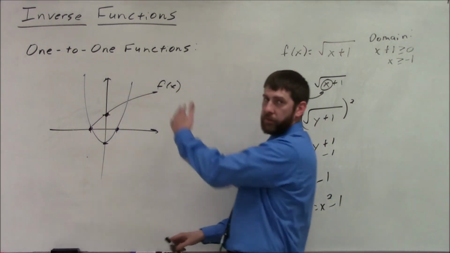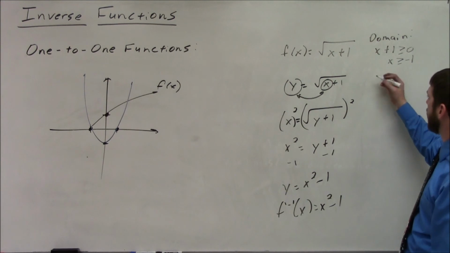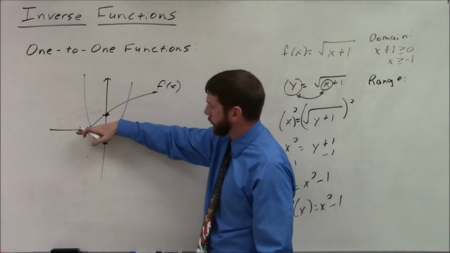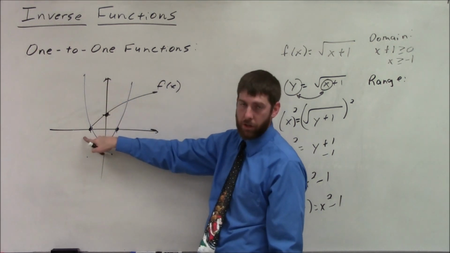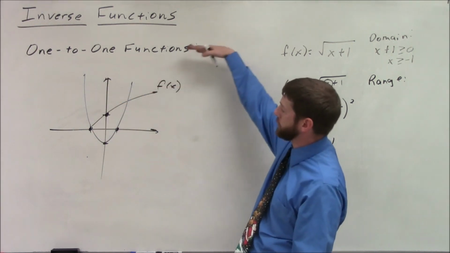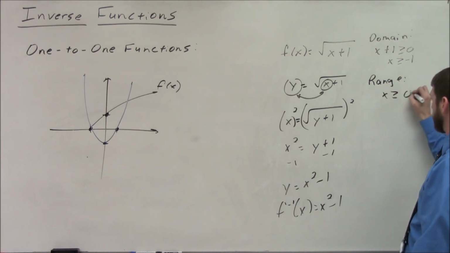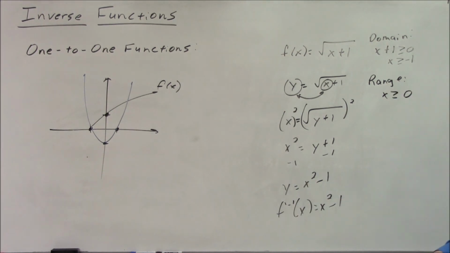And we can see that graphically. The range, if we looked at my graph, is from 0 up, right? 0 is our global minimum, and then the graph just keeps increasing. So the range is y greater than or equal to 0, or from 0 to positive infinity.